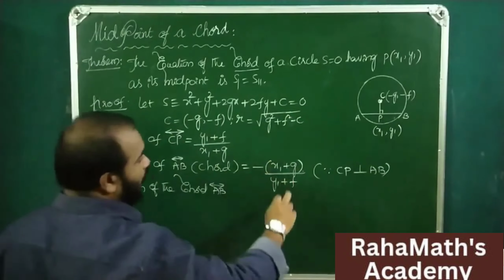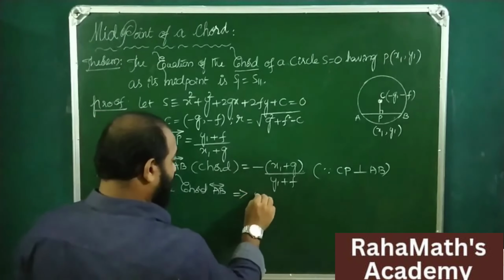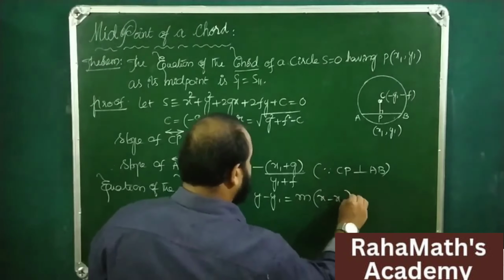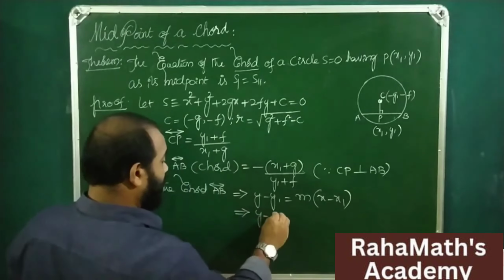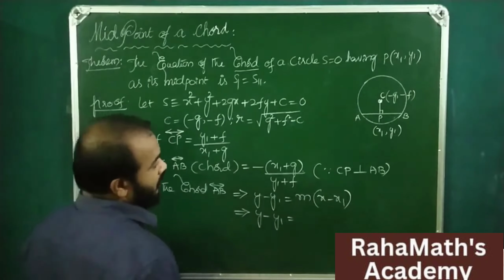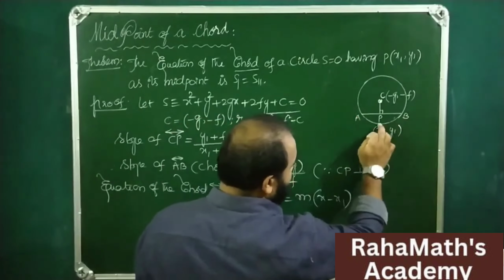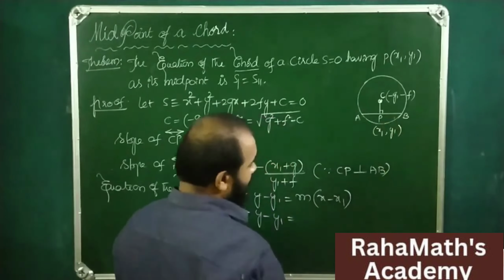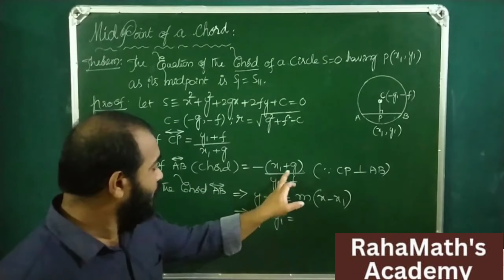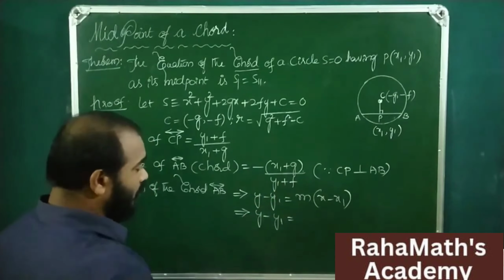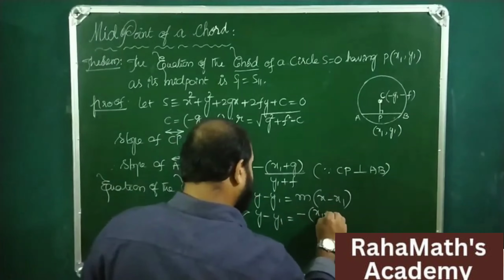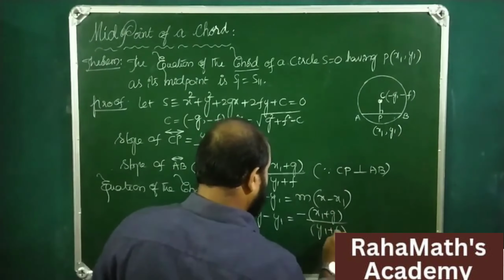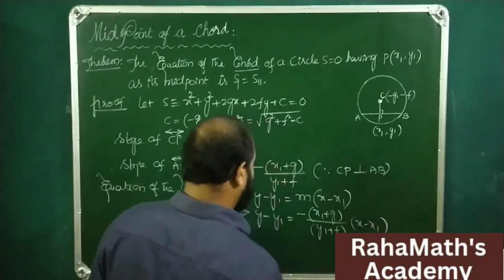Okay, we have the slope point form: y minus y1 equals m into x minus x1. So y minus y1 is equal to, because this is the line passing through P and having the slope minus of x1 plus g by y1 plus f, so minus of x1 plus g by y1 plus f into x minus x1.